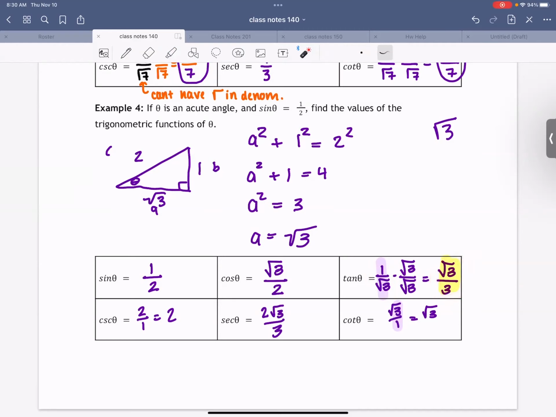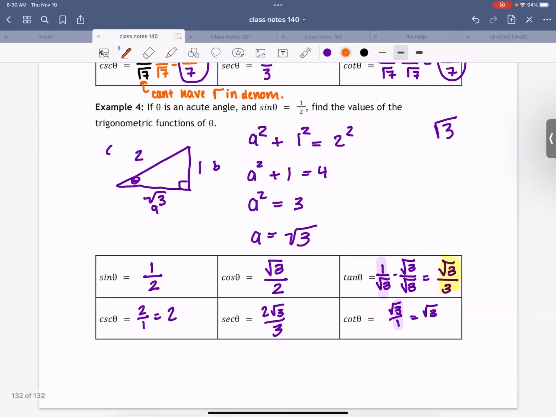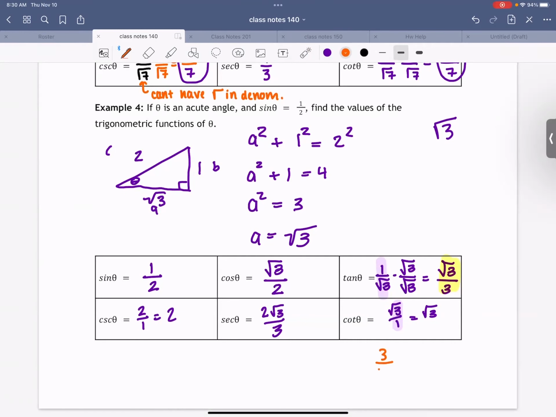With the second one, you can do it, and I wouldn't take off points or anything, but let me just show you what would happen if I started with the root 3 over 3 and flipped it over. It would be 3 over root 3, right? And then now I have to rationalize it again, which Marissa didn't have to do in her version. So then you'd have to do root 3 over root 3, multiply through, and you get 3 root 3 over 3.